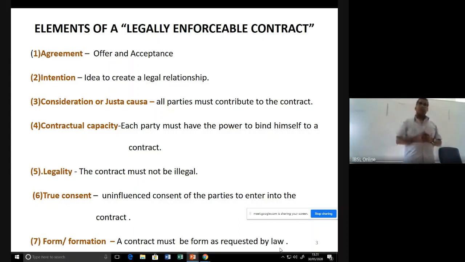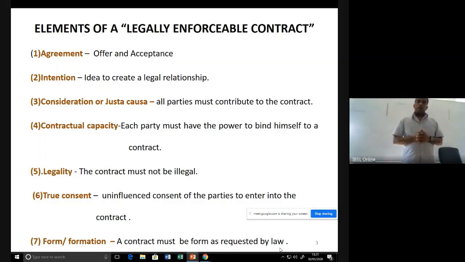Take a simple example. Every day we enter into contracts, knowingly or without intention. Now think about your family. You enter into a contract with your family members.